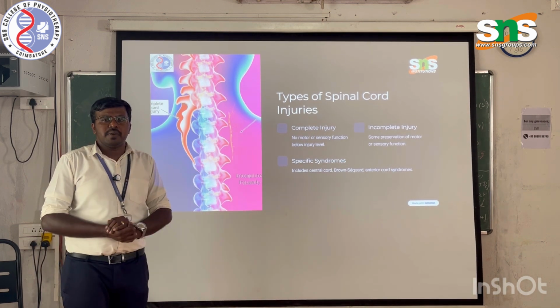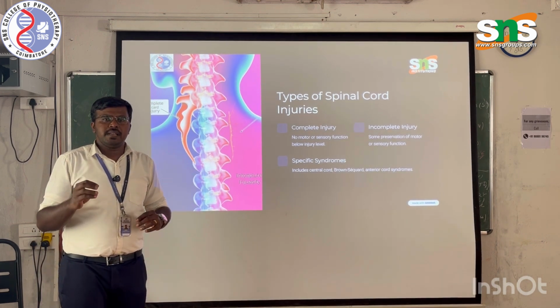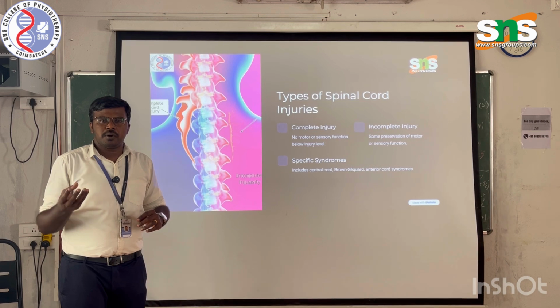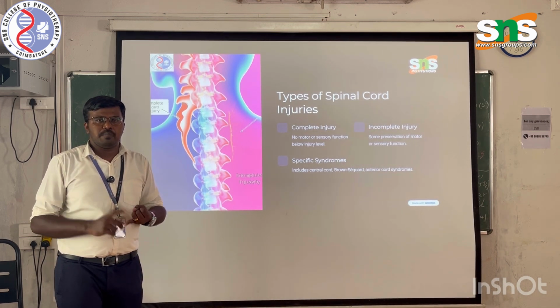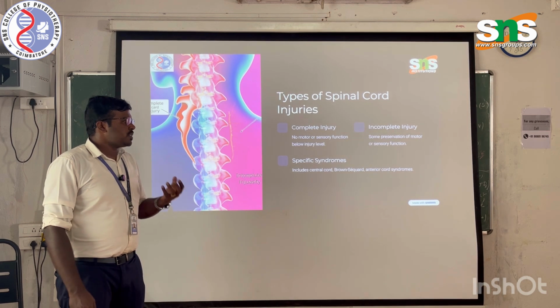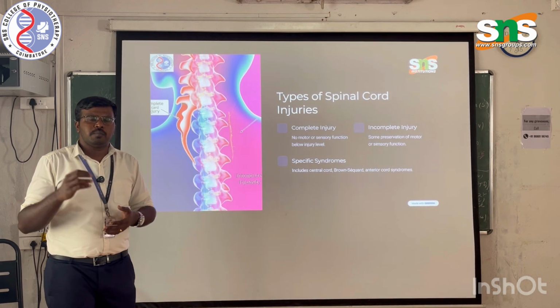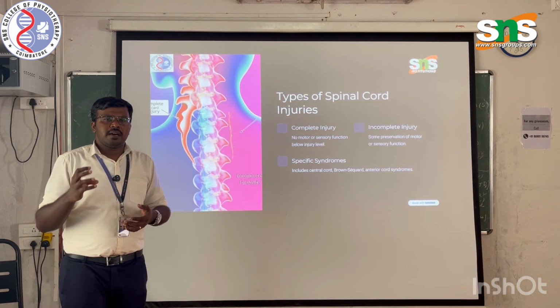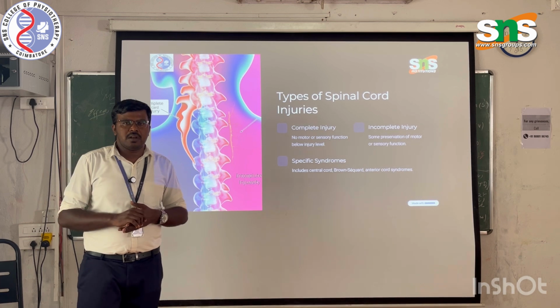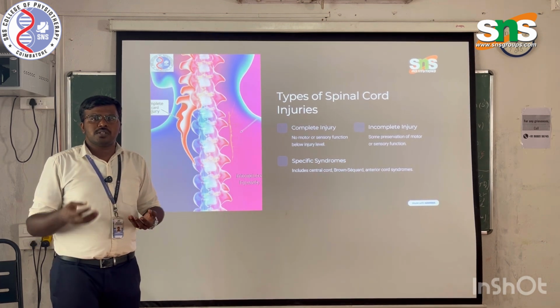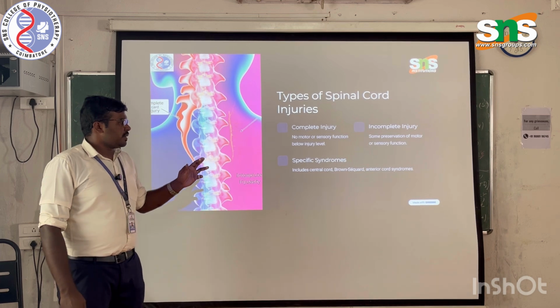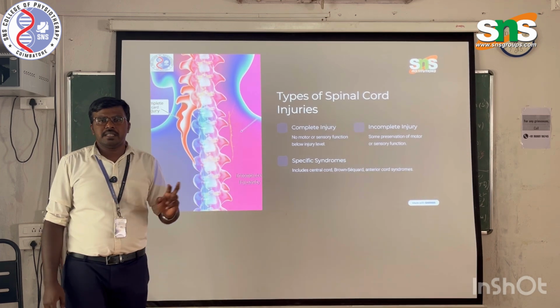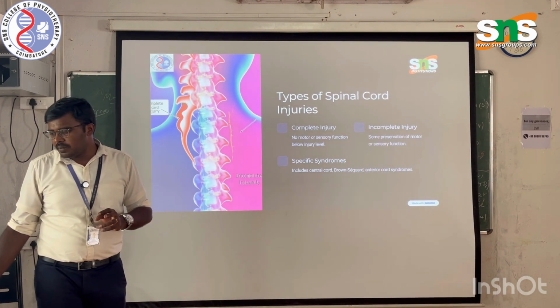Anterior cord syndrome affects the anterior part of the spinal cord, leading to loss of temperature and pain. Posterior cord syndrome affects the posterior cord, leading to loss of proprioception. These are the specified syndromes in spinal cord injury.